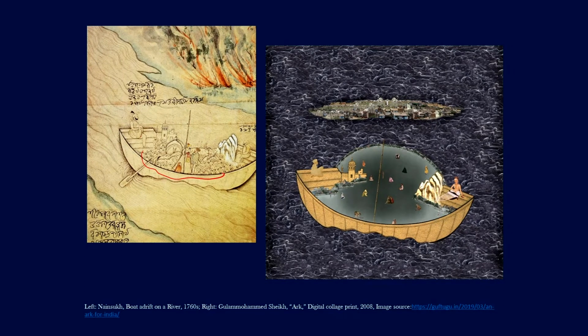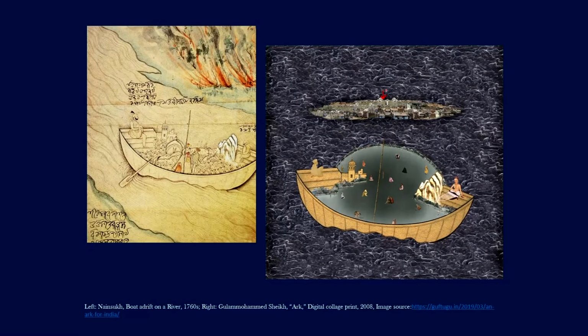And of course, the recognizable hill structure is here as well, which bears a direct link between Nainsukh's drawing and Gulam Sheikh's printed work. In the distance there is a land, a small strip of land, that seems like a dreamland, but it is basically a collage of Gulam Sheikh's hometown.